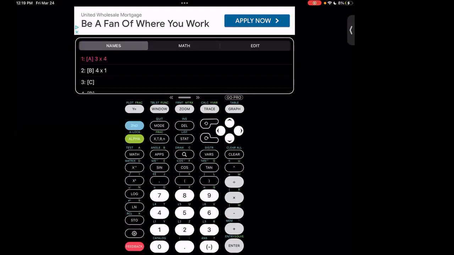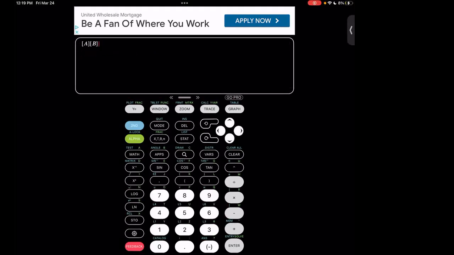And then second matrix, go down to B. Put your cursor down to B. Press enter. Enter one more time. That's your process.